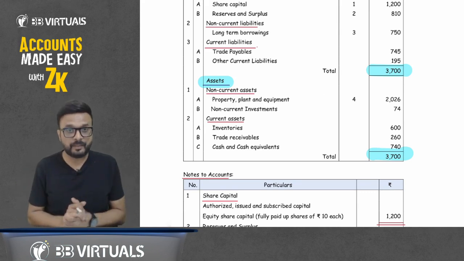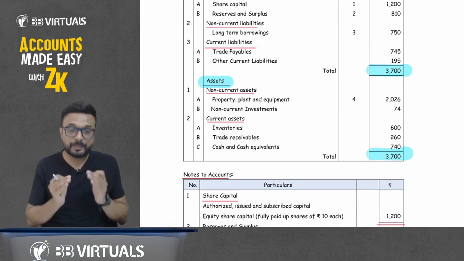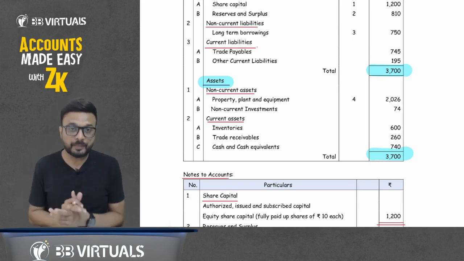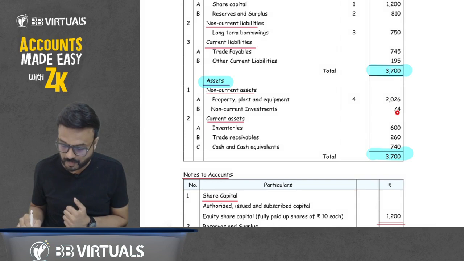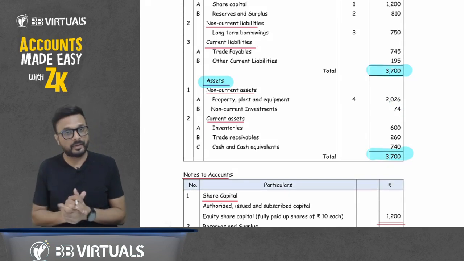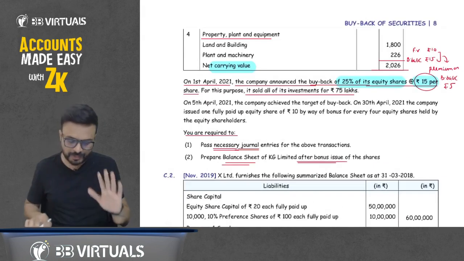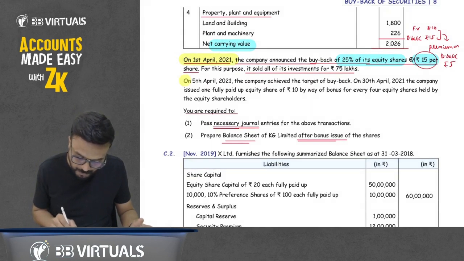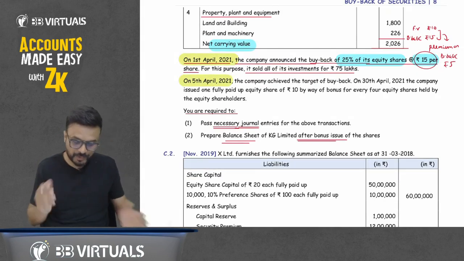What does it mean? It means that there is a profit of rupees 1 lakh. Okay, we'll record it. Now this is about 1st of April 2021. Now this is about 5th of April 2021.